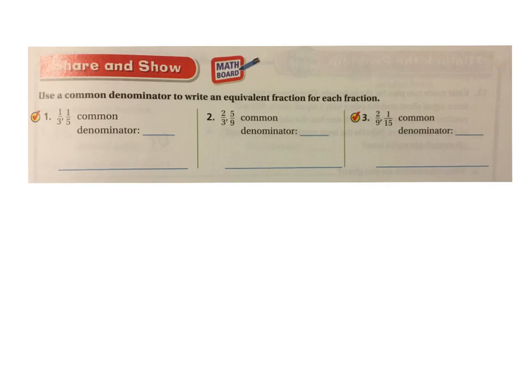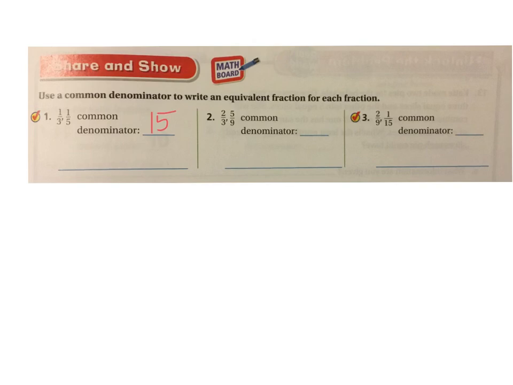Here, let's do a couple more together before you guys are sent off into your breakout rooms. So we're going to use a common denominator to write an equivalent fraction for each fraction, and you guys just learned many different methods. So for number 1, when you find the common denominator, you should have gotten, and you can pause here and discuss, 15.